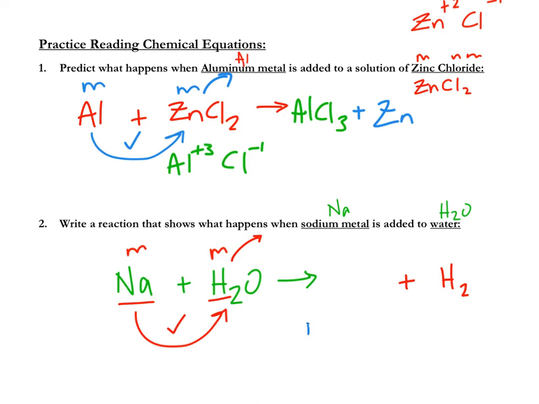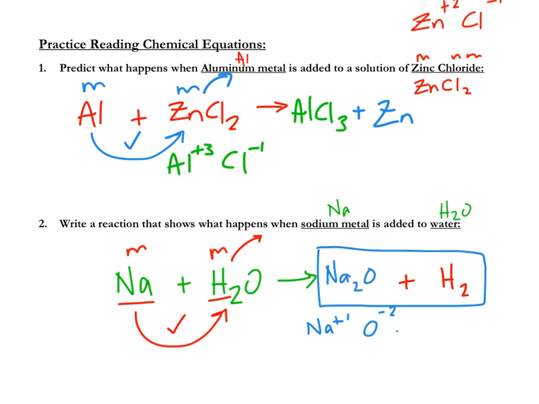So sodium is a +1 charge. Oxygen is a -2 charge. When I cross the charges, I get Na2O plus H2. So here's what's formed when sodium and water react together.